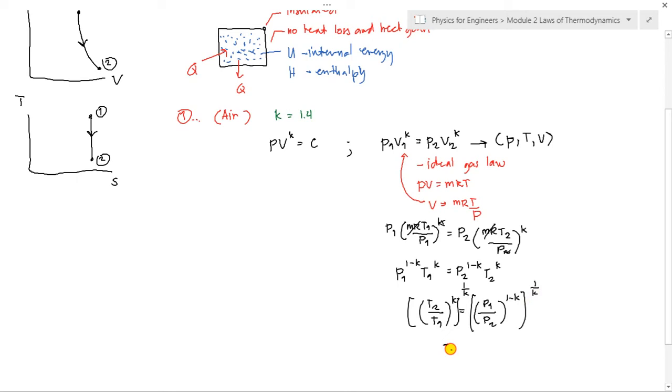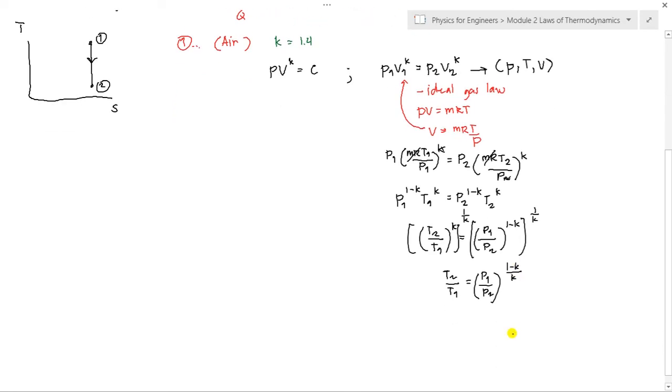So we have T2 over T1 is equal to P1 over P2 raised to 1 minus K all over K. That is the relationship for temperature and pressure.